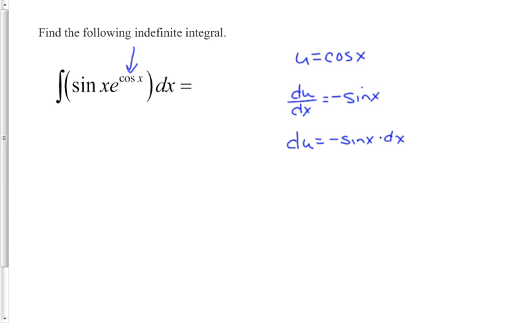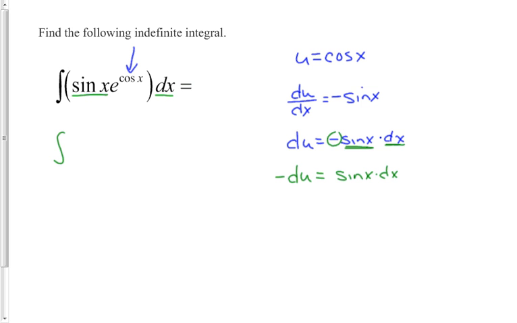So now I look at my problem over there, and I can see, okay, I've got the sine of x and the dx. Notice over here in my substitution part, I've got the sine of x dx. The only thing that's a little bit of a problem is the negative. So I'm going to switch it around, put the negative on the side with the du equals sine of x times dx. Okay, now I can actually go ahead and make all my substitutions.